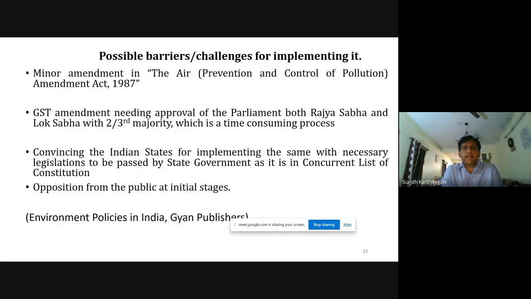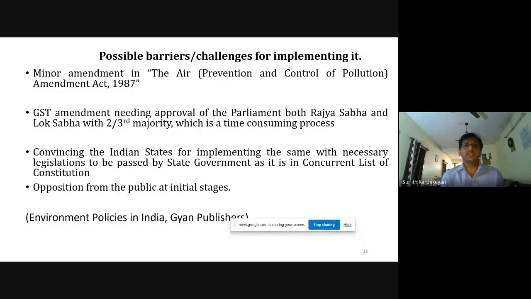Now, possible barriers and challenges for implementing it. This might require a minor amendment in the Air Prevention and Control of Pollution Act 1987, integrating the rate of tax and fiscal oriented measures. Just a minor amendment is required, because right now there is no strict provision for implementing the fiscal instruments.